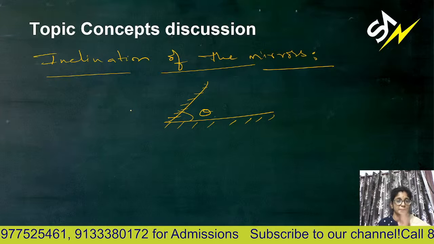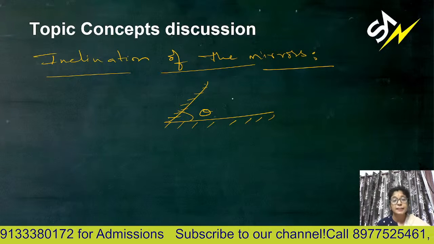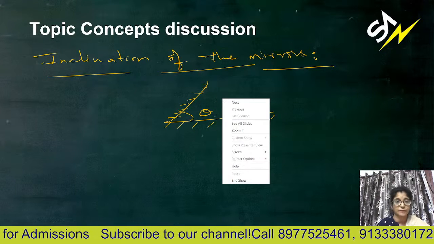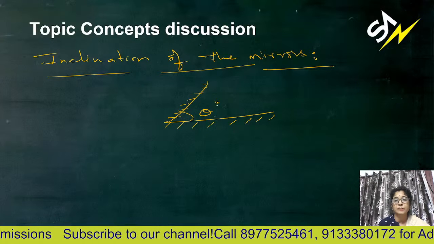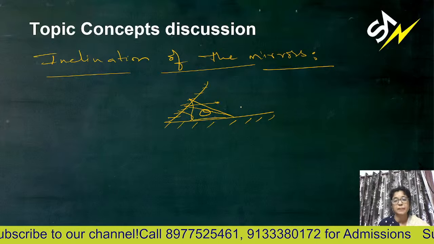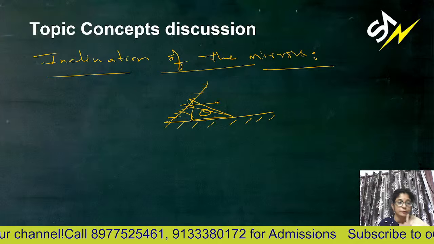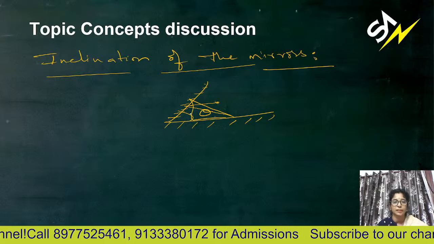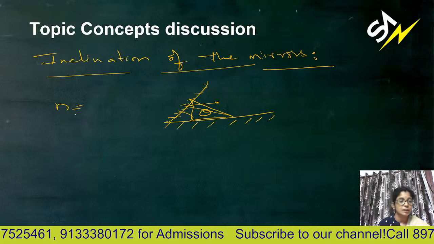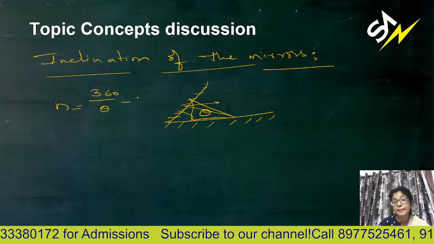Like if I use one mirror, I will get only one image, no doubt about it. But here, if you are inclining the mirrors and you are placing an object somewhere here, then what happens to the number of images here? Multiple reflections take place, and n number of images form. It's not one. It definitely will be more than one, right? So the number of images depends upon the theta value here. So n equals 360 by theta minus 1.